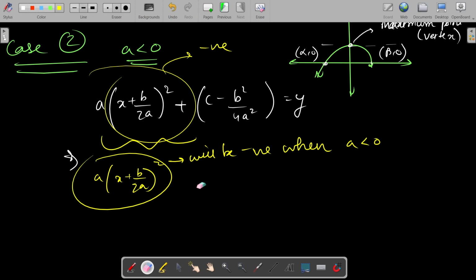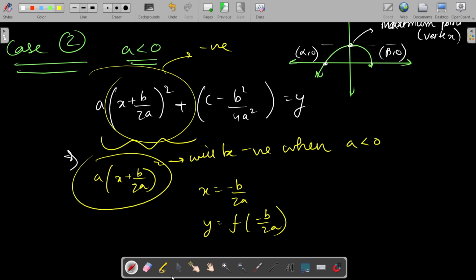The lowest possible value of this is going to be 0 when x plus b by 2a whole squared becomes 0, because we know a can never become 0. So this will always be less than or equal to 0. So we'll get the x coordinate for the vertex as minus b by 2a, and it is going to be f of minus b by 2a, same as the previous case.